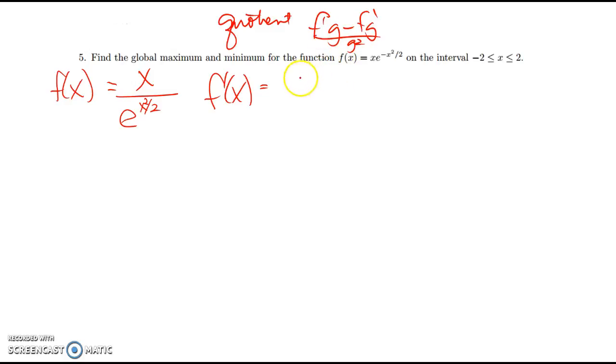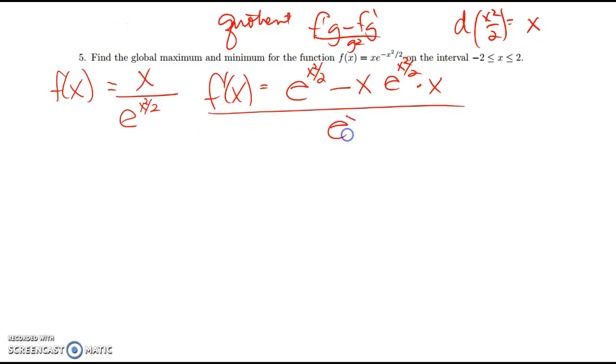So the derivative of the top is 1 times the bottom, minus the top times the derivative of the bottom, so e to the x squared over 2. Notice that the derivative of x squared over 2, bring down that 2, it's just x, isn't it? So I'll have another x right there, over e to the x squared over 2, squared.